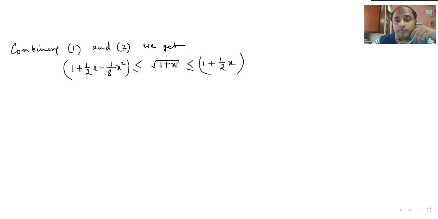Calculating 1 plus x under square root may be difficult, but calculating the left hand limit and the right hand limit is not at all difficult.